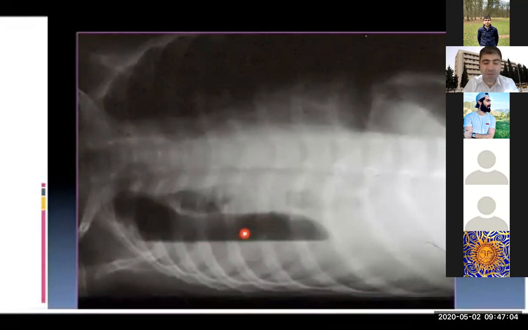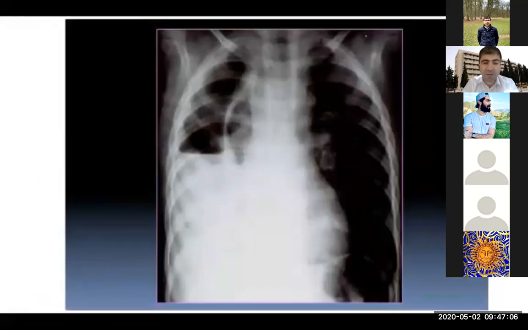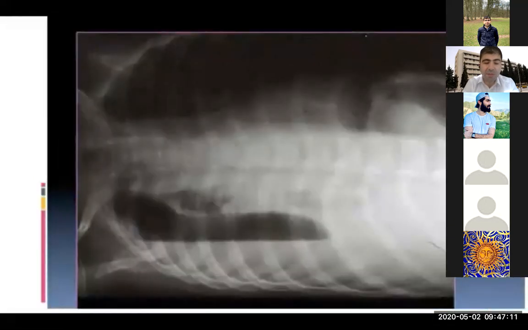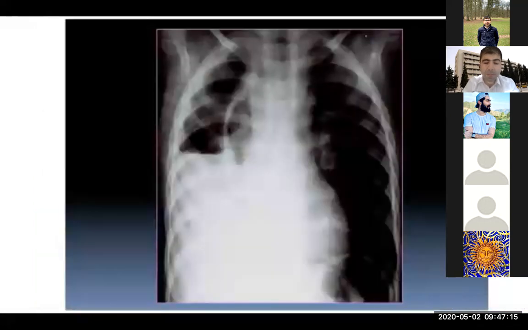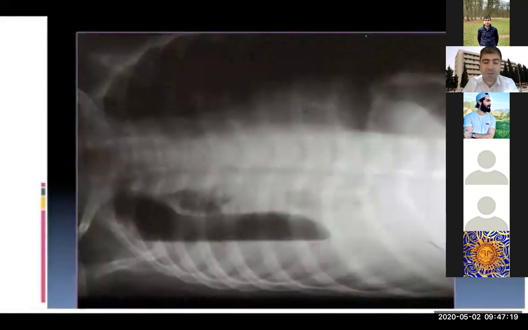So this was the effusion, and there is loculated effusion in this side, and we made sure that it is a fluid. So according to the gravity, it will be an air fluid level. So this is a pleural effusion with some loculation in this side.